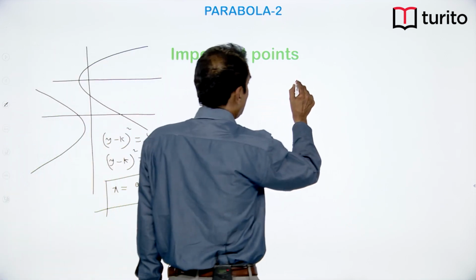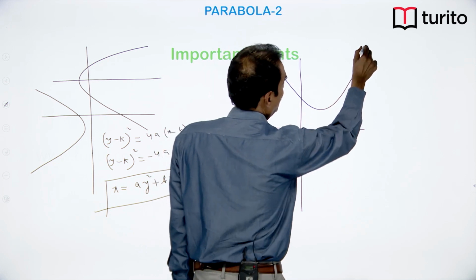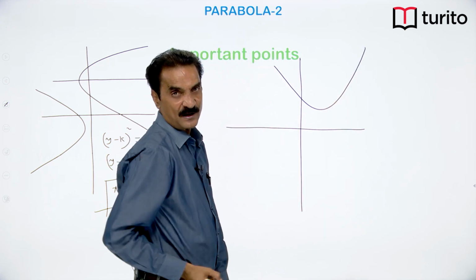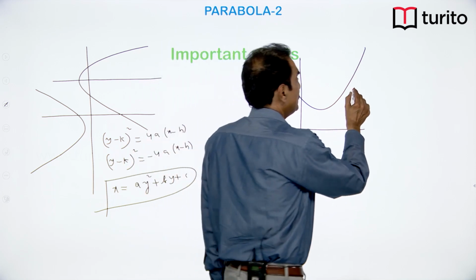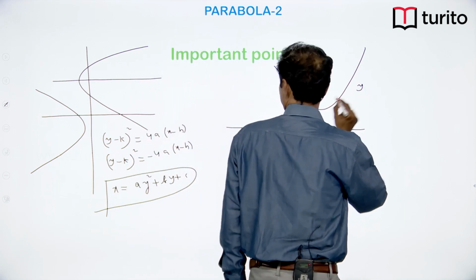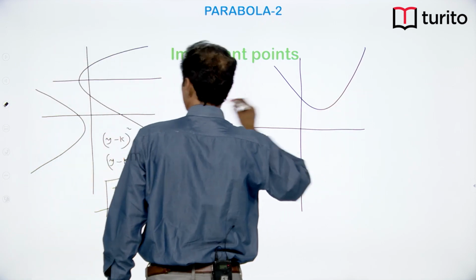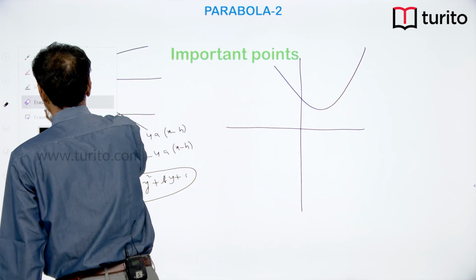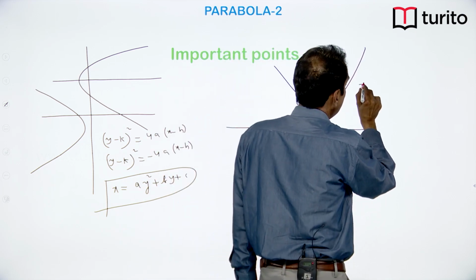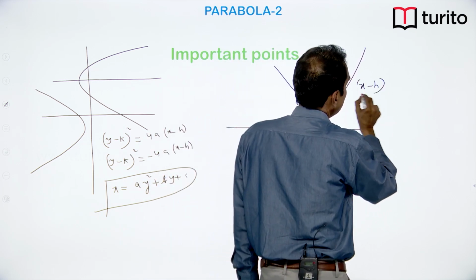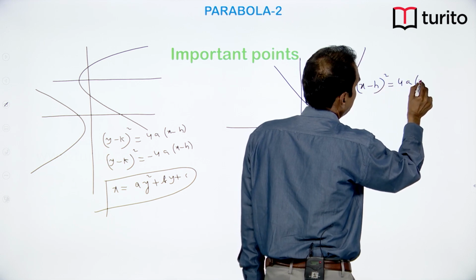Similarly, if you take the other 2 standard forms, one is upward parabola, another is downward parabola. If it is upward parabola, the standard form is (x minus h) whole square is equal to 4a into (y minus k).